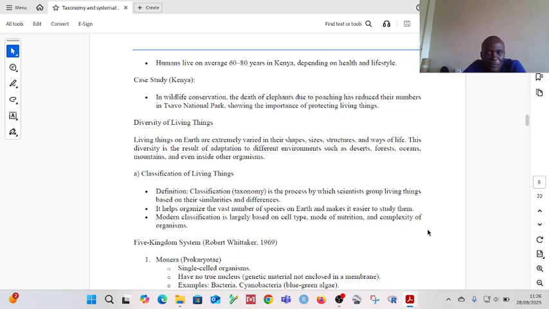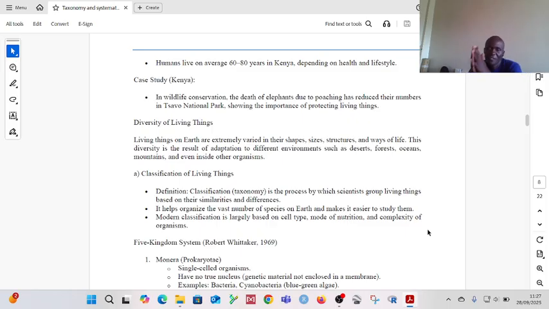What they use to group these living things is either the similarities or the differences that they have. The importance of this classification is to organize the vast number of species on Earth. After we've organized them, it is easier for anyone to study them.